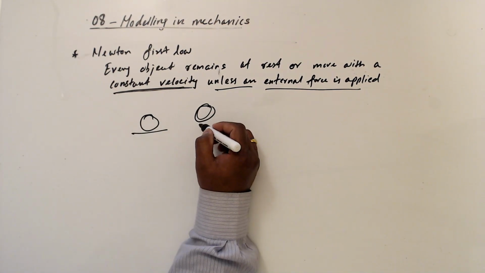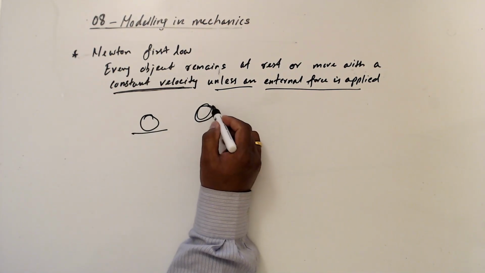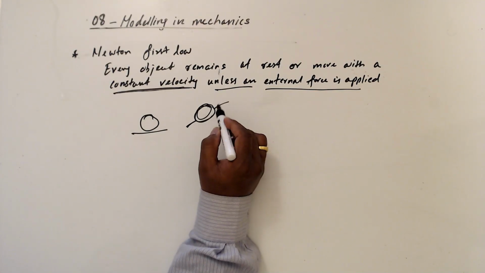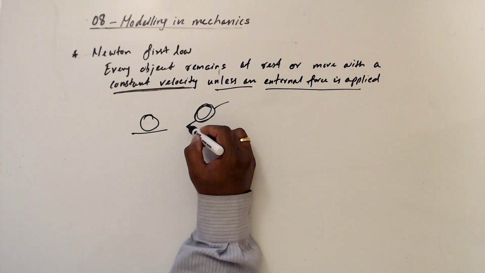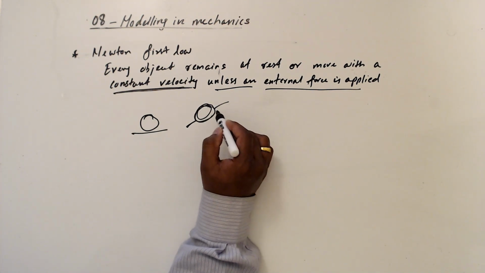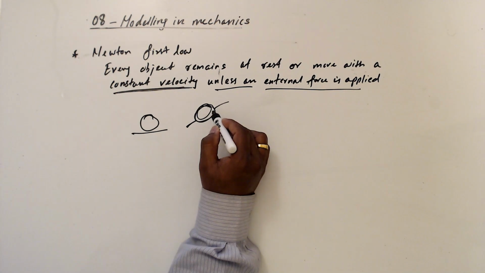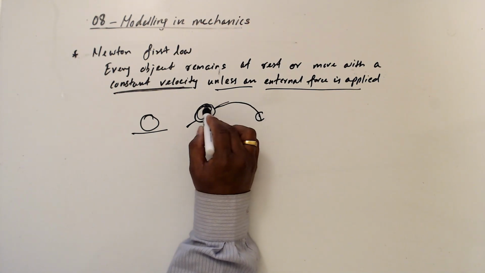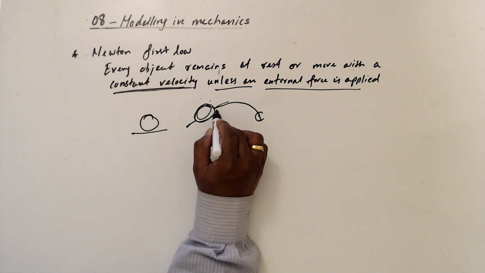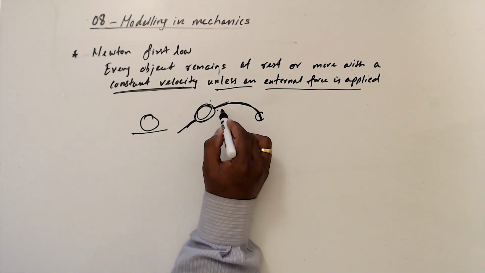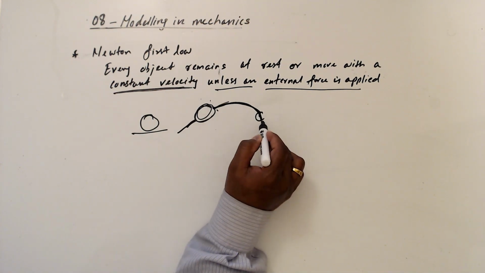A good example is if we throw a ball in the air, it is not in constant velocity because it will fall due to gravity, and there is air resistance, so it will slow down the speed, and as a result it comes to rest.